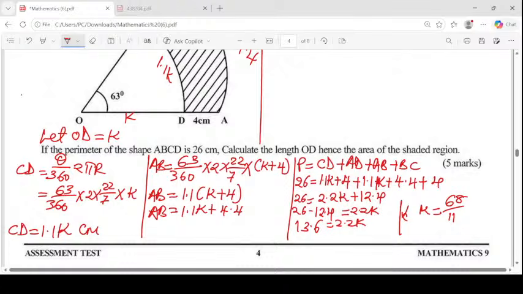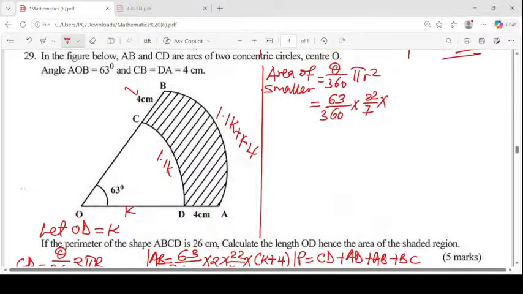So if we have our K at 68 over 11, this is now our radius.